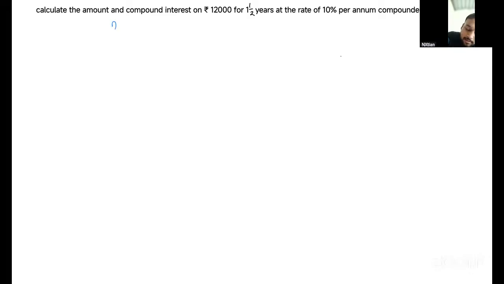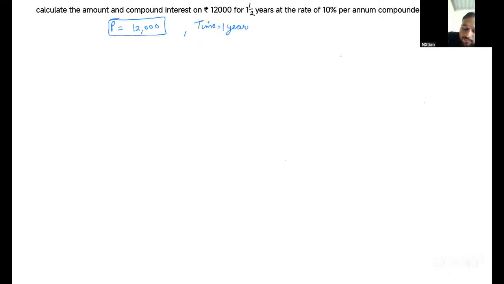See the amount. I will write it like this. The principal is basically 12,000, and first we are calculating for time 1 year.